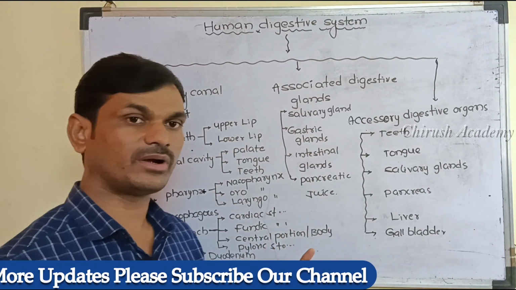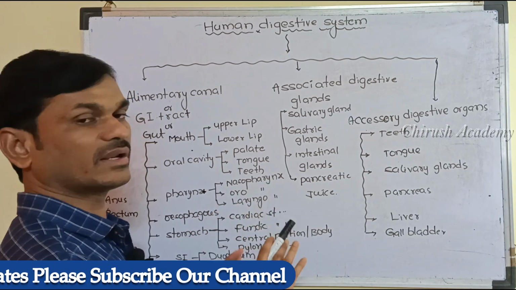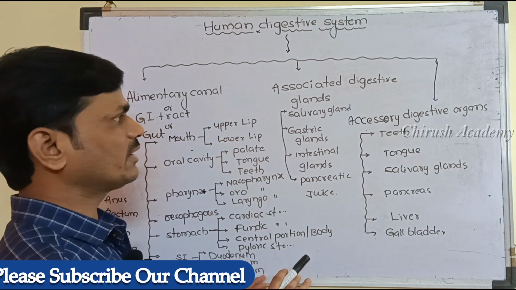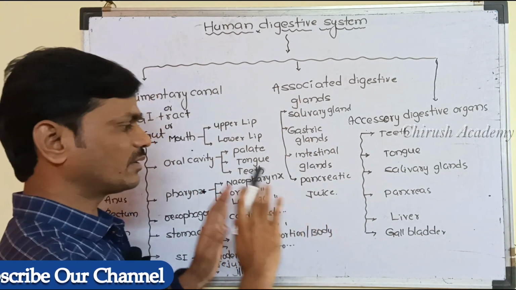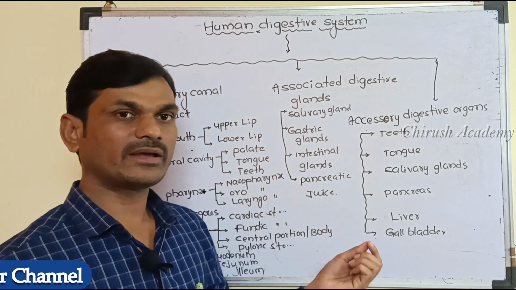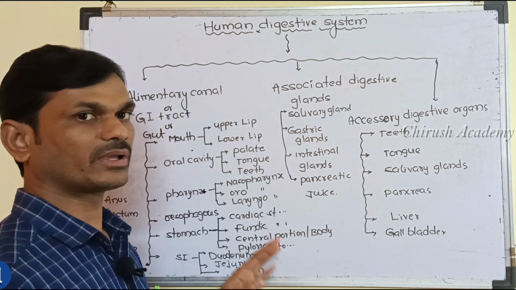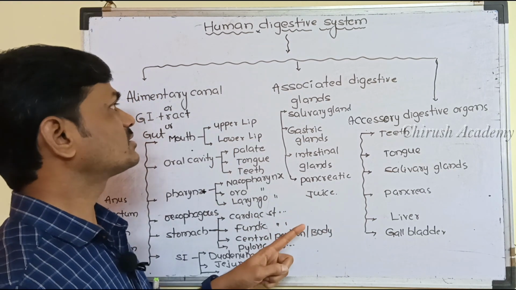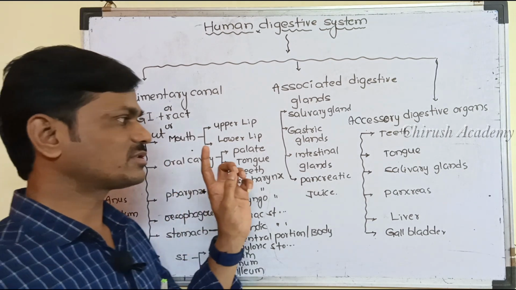Each and every part we will be discussing clearly with diagrammatic explanation. But these are briefly about the human digestive system, that it is made of three parts, or we categorize them into three parts according to our convenience. Okay, so next we will be discussing each and every part of the human digestive system.